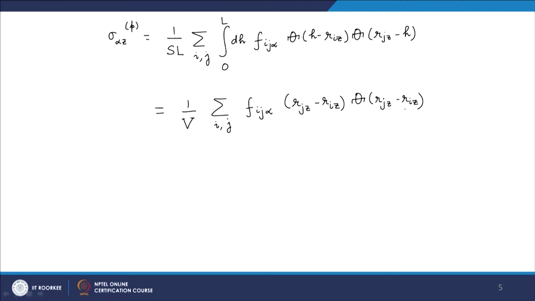something like this. So, now we can see why this is the case. This function will be 1 when r j z is higher than r I z, right.